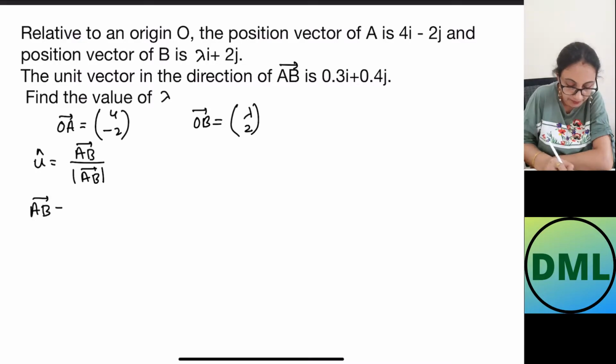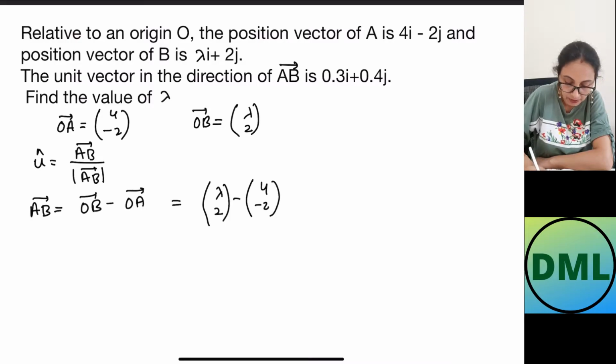So, the vector AB can be written in the position vector form as OB minus OA. Now, let's substitute the values here. OB is basically (lambda, 2) minus OA, which is (4, -2). So if you solve it, it will be (lambda minus 4, 2 minus (-2)).